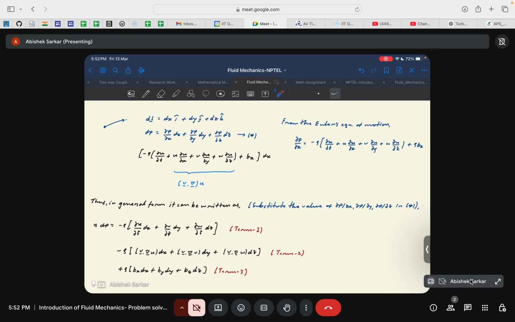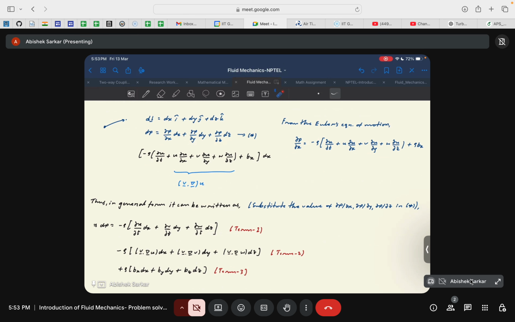So, just give me 1 second. So what we will do is, in this equation, we will replace the expressions for dou P by dou x, dou P by dou y and dou P by dou z obtained from Euler's equation of motion.